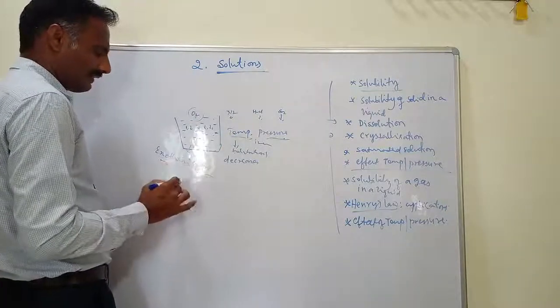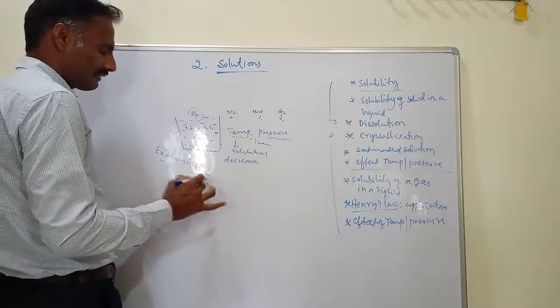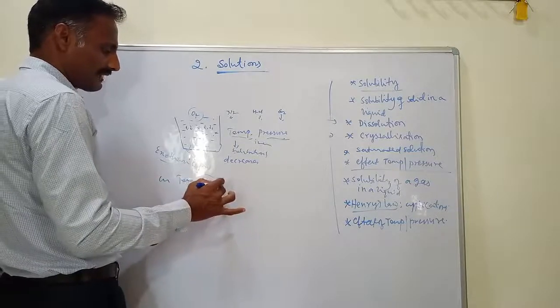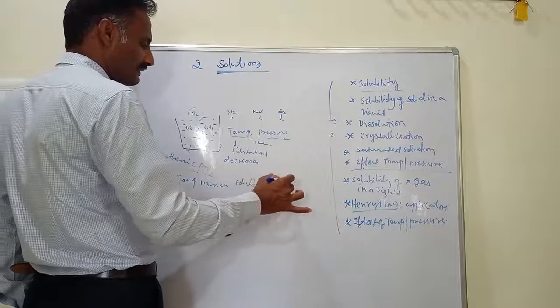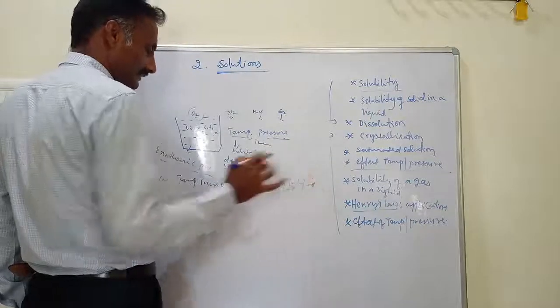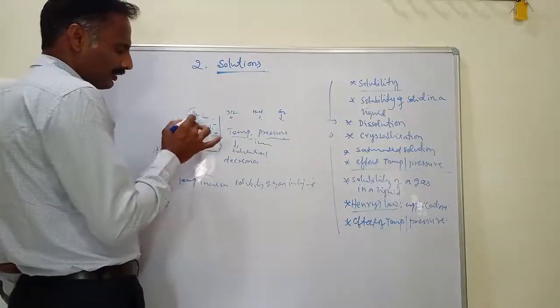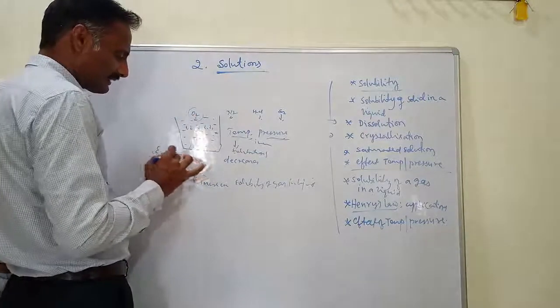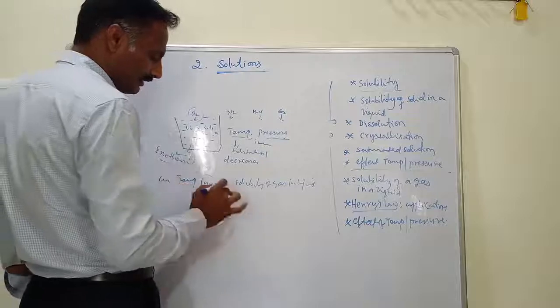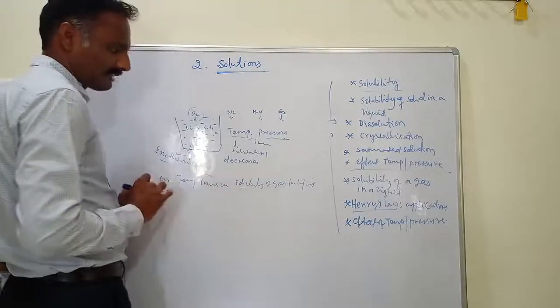As the temperature increases, the solubility of gas in a liquid decreases. Since the dissolution of gases in a solvent is exothermic in nature, the solubility goes on decreasing with increasing temperature.